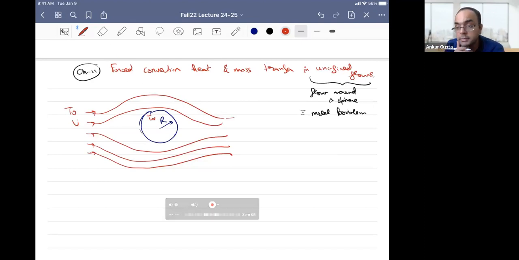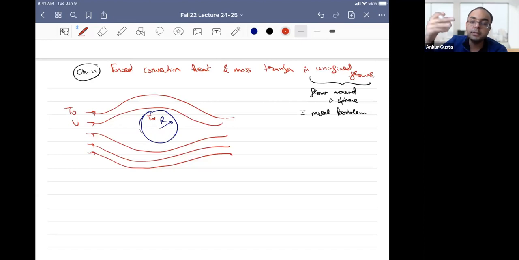It can also be something dissolving, where the ball is a mass of solute that is being dissolved. But we are thinking of heat transfer, because the equations are analogous. Okay, so here remember that fluid flow is not like a unidirectional pipe flow, right?